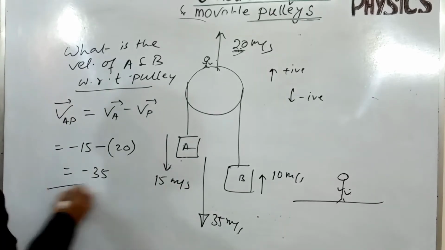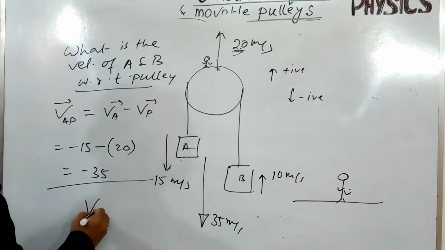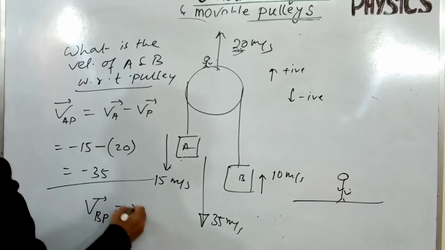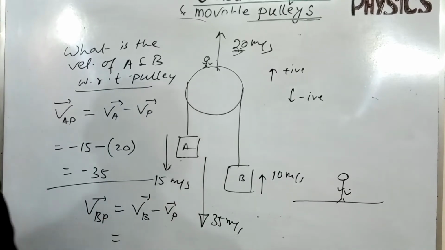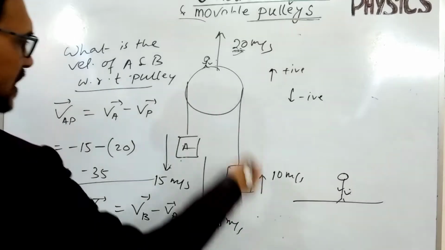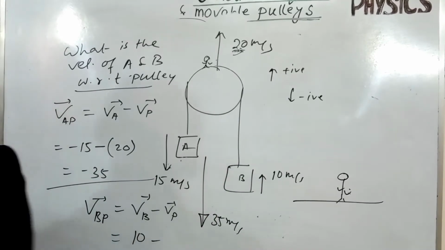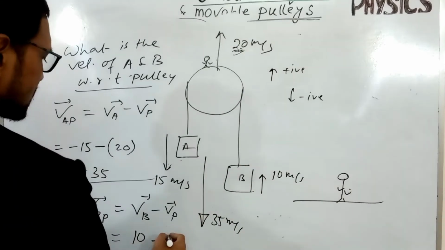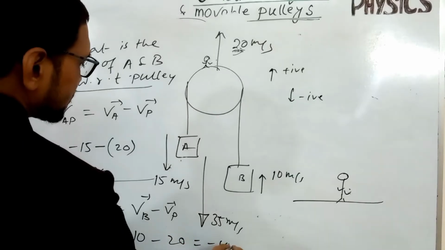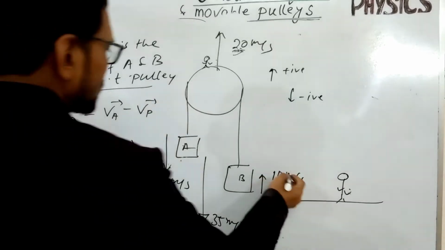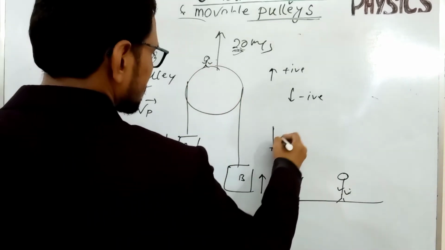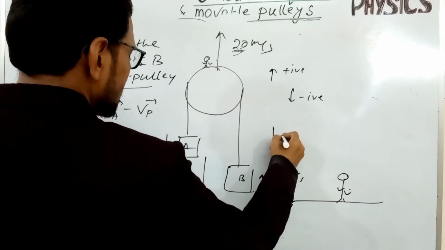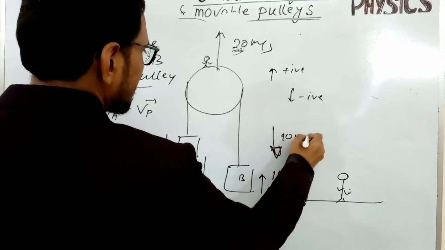Now what is the velocity of block B? Velocity of block B with respect to P equal to Vb minus Vp. So if we take Vb equal to 10 meter upward, so this is positive, minus Vp equal to minus 20, that is minus 10 meter per second. So this block also moves downward with respect to this pulley, that is this block also moves downward with this velocity 10 meter per second.